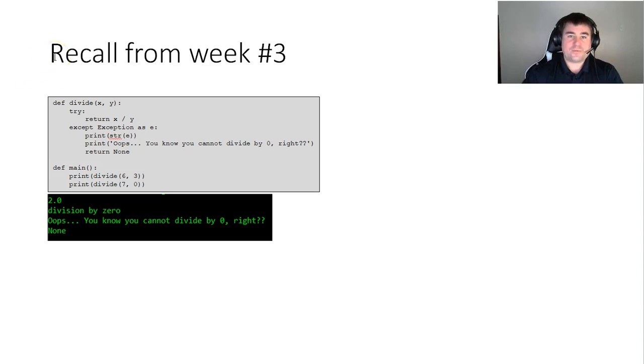If you will recall from week number 3, we had this buggy divide function that divided two numbers, x by y, right? At first we implemented it with a silly approach, and we didn't acknowledge that y could be 0, and that would result in a runtime error, which we now handled with an exception.